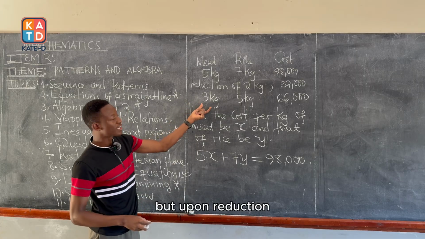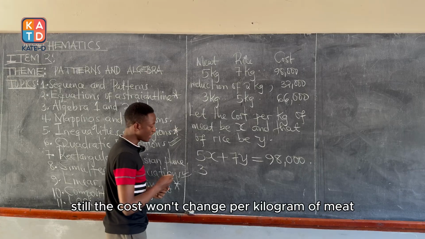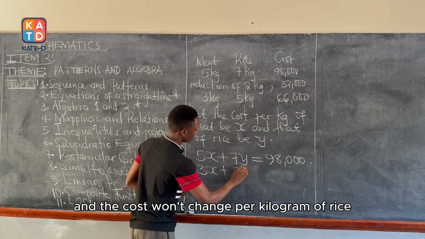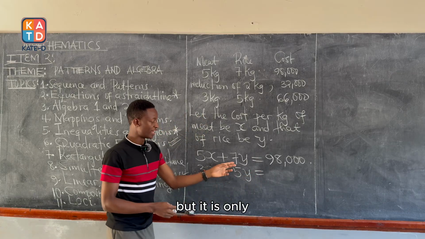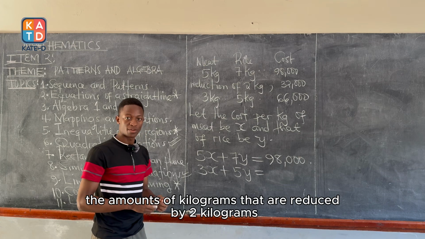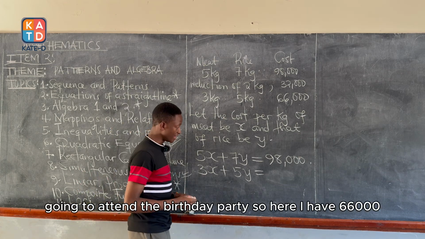But upon reduction, still the cost won't change per kilogram of meat, and the cost won't change per kilogram of rice, but it is only the amounts of kgs that are reduced by 2 kilograms, depending on the number of people that are going to attend the birthday party.